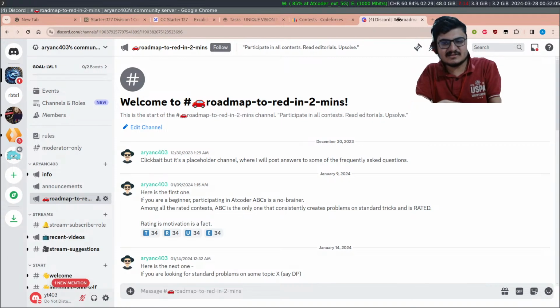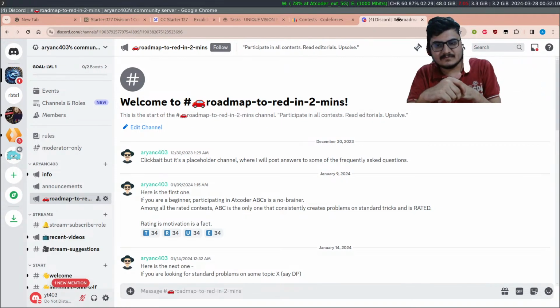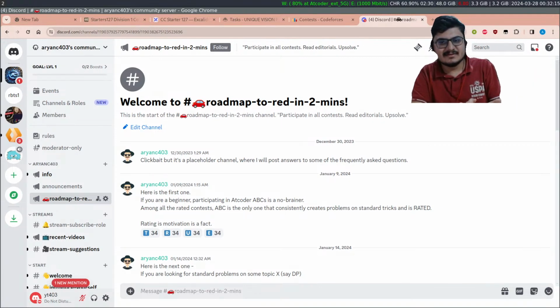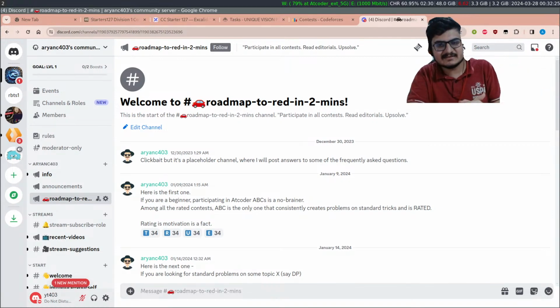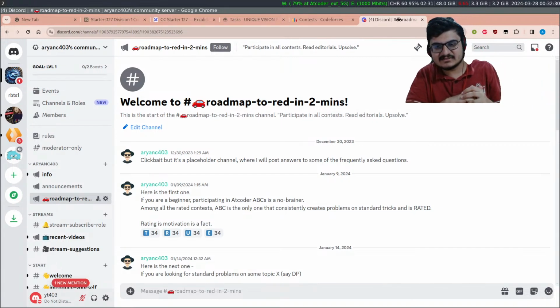Sometimes the fourth problem turns out to be D or E somewhere. If you are able to solve those problems, then I think you are doing good. And at least if you are trying for some placement or internship, you should be able to crack a lot of online assessment tests. But if you want to be good at Codeforces and increase your rating there, then you might have to solve more Codeforces problems.